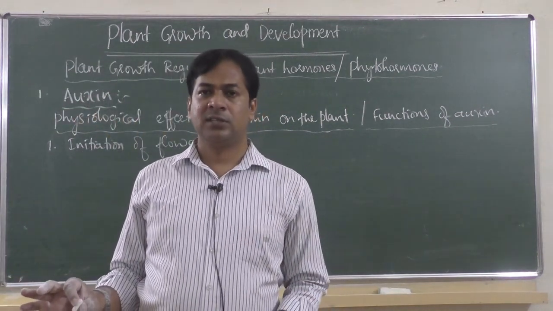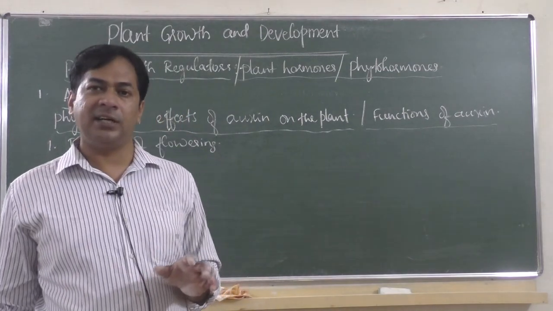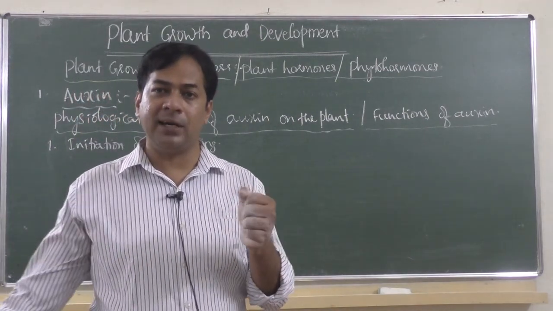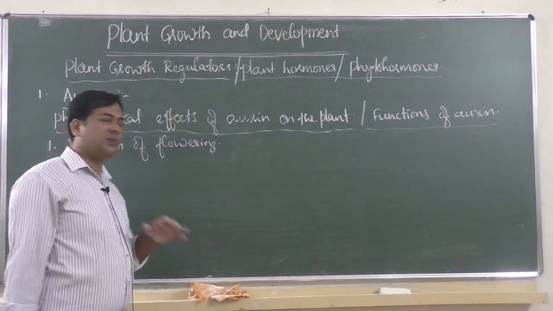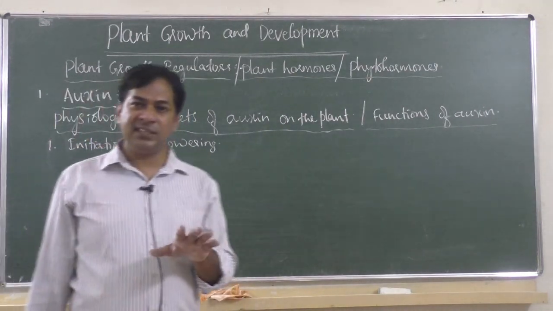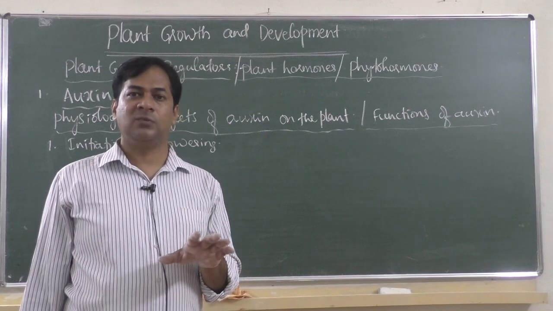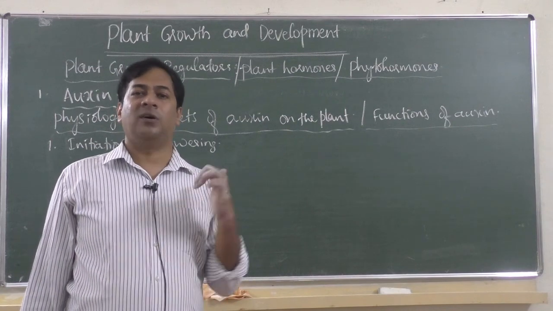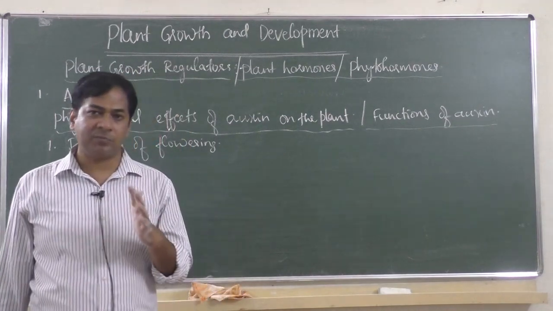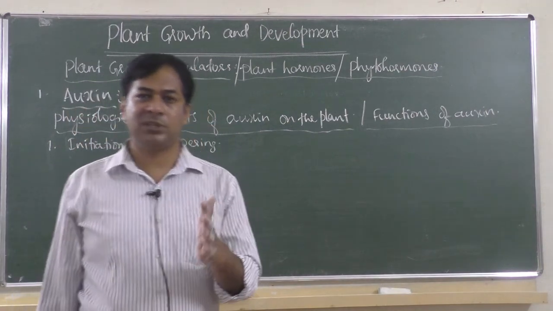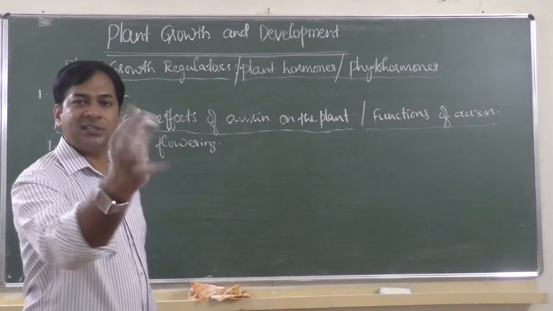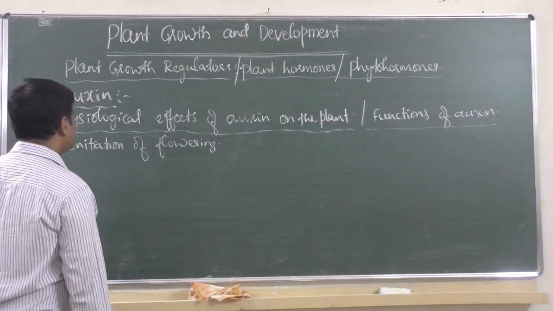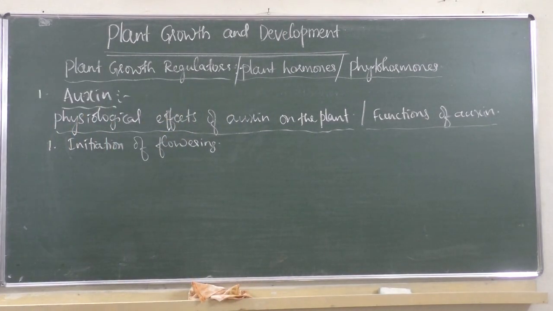Otherwise, if the plant doesn't produce flowers, then you should spray artificial auxins on the plant so that it starts producing flowers. If any plant produces flowers, what is responsible for that? Auxins. If any plant is producing flowers, you should come to the conclusion that the plant has produced auxin. That is why it has produced flowers. Otherwise, flowers don't get produced. So initiation of flowering is because of auxin.